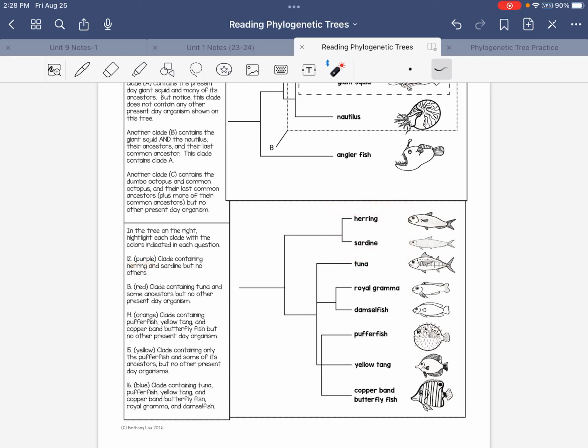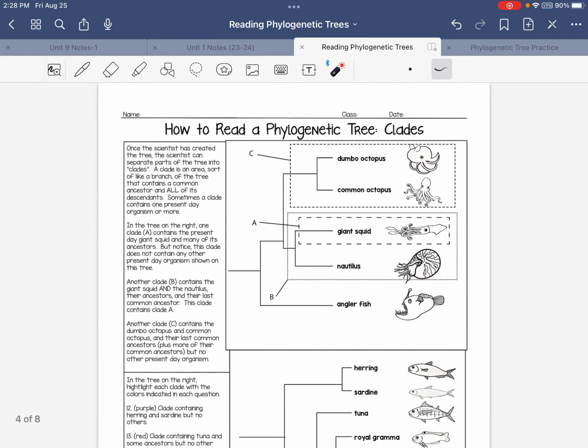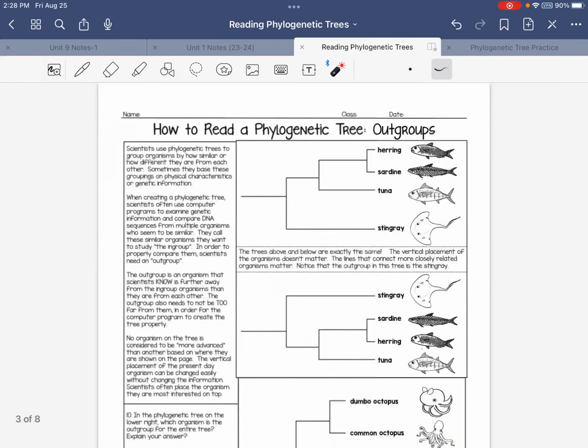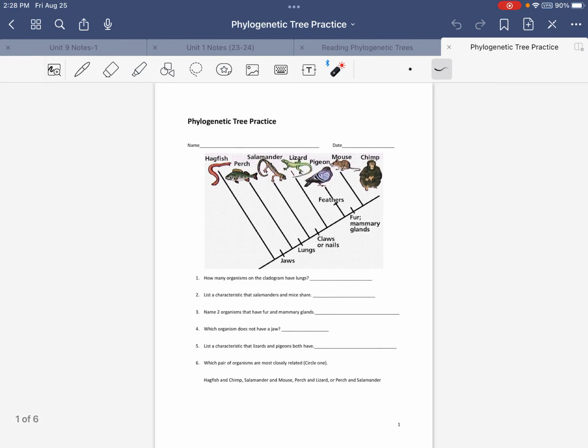See if you can just box off our different groups or different clades. Okay, this is the reading phylogenetic trees worksheet. I'll give the sub the answer key here so that you can double check with her what the answers are. When you're done with that, you can start working on this next assignment here called the phylogenetic tree practice.